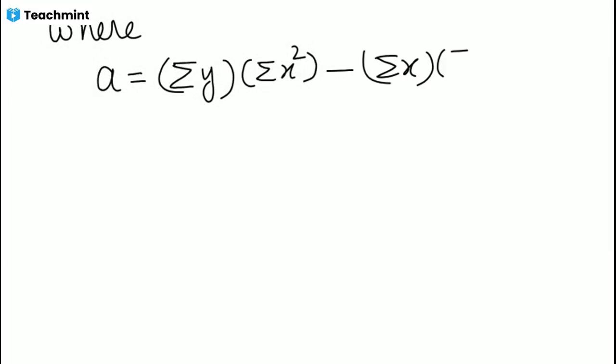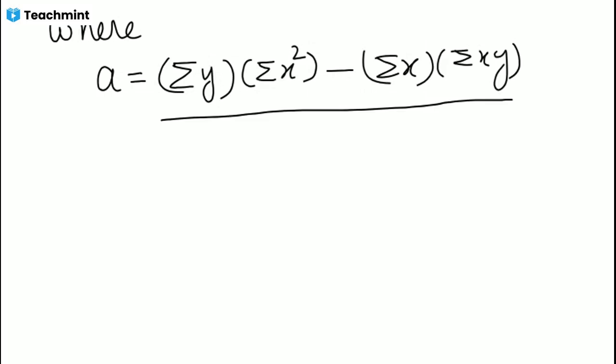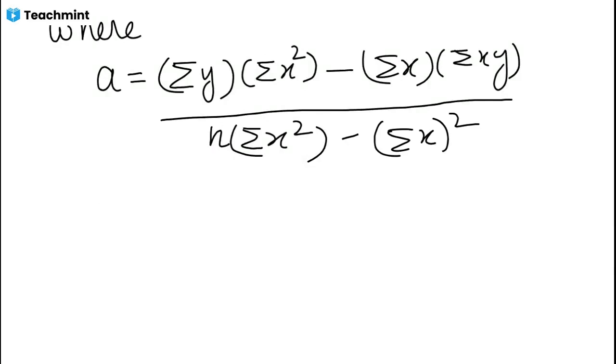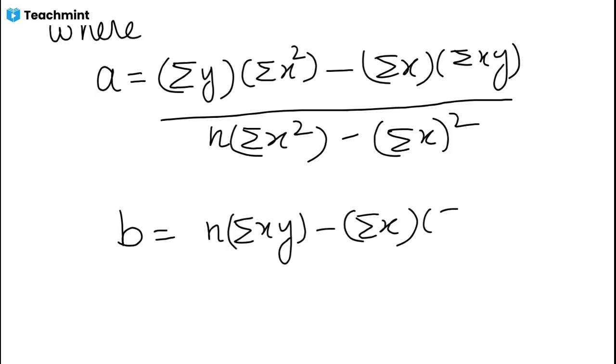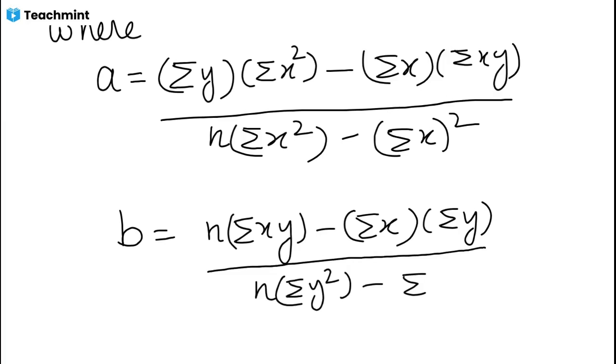a is equal to summation y into summation x square minus summation x into summation xy, over n into summation x square minus summation x whole square, and b is equal to n into summation xy minus summation x into summation y, over n into summation y square minus summation y whole square.